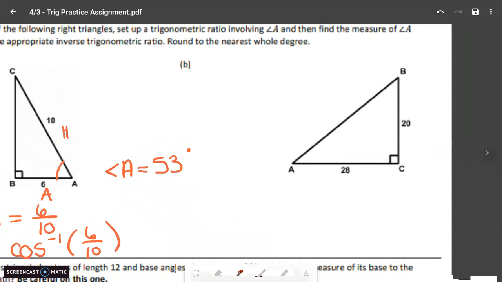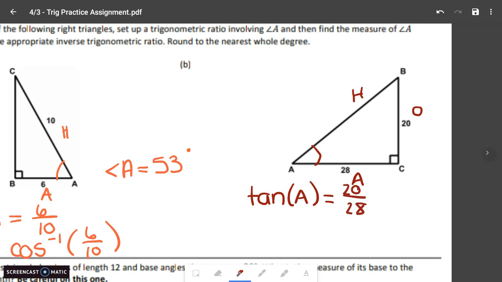Same idea for B, but we're still looking for angle A, remember, which means we have the opposite, the adjacent, and the hypotenuse. Because we have something on O and A, that means we're using tangent. So same thing, tangent of A is equal to 20 over 28.